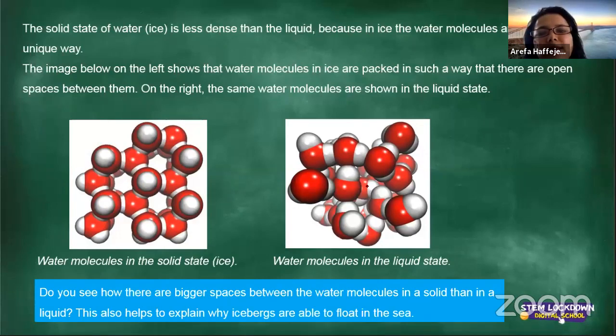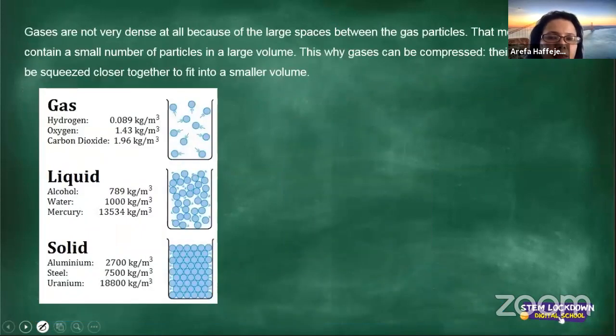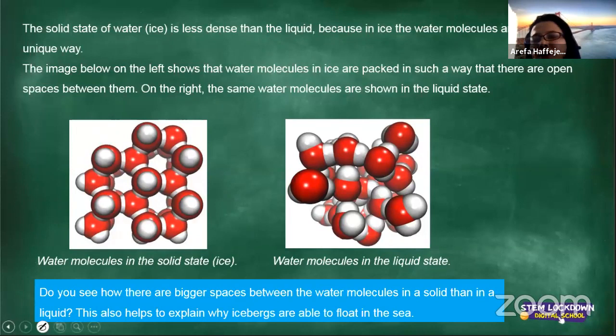And when we start our lesson tomorrow, I'm going to ask you for your summary, and we will continue with the density in gases, which would be me explaining this page to you. You can contact me on my email, which is ahaffea@gmail.com, if you have more questions.